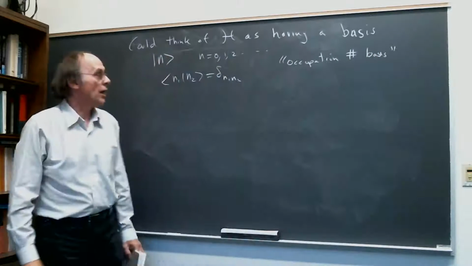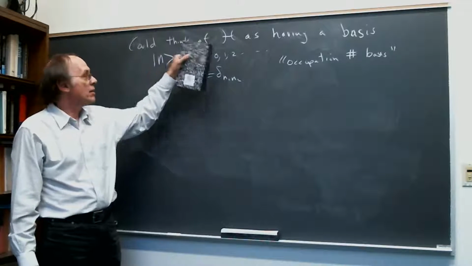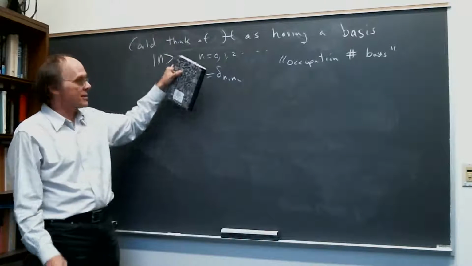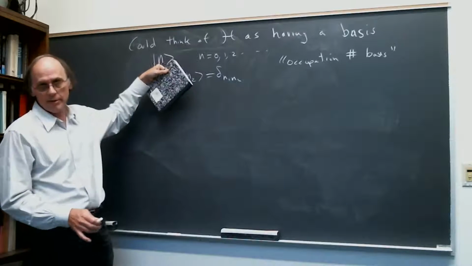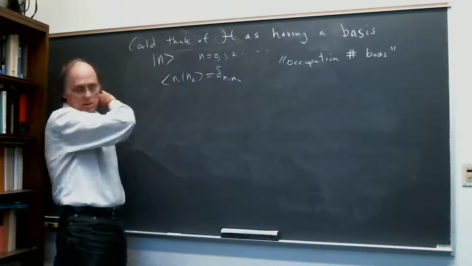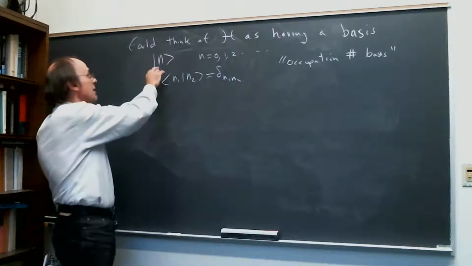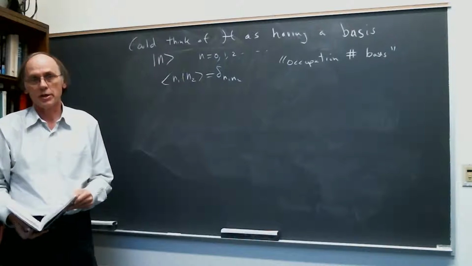When you're doing calculations in this subject, instead of working in terms of wave functions, you might as well just work in terms of complex linear combinations of these basis states, labeled by a non-negative integer.